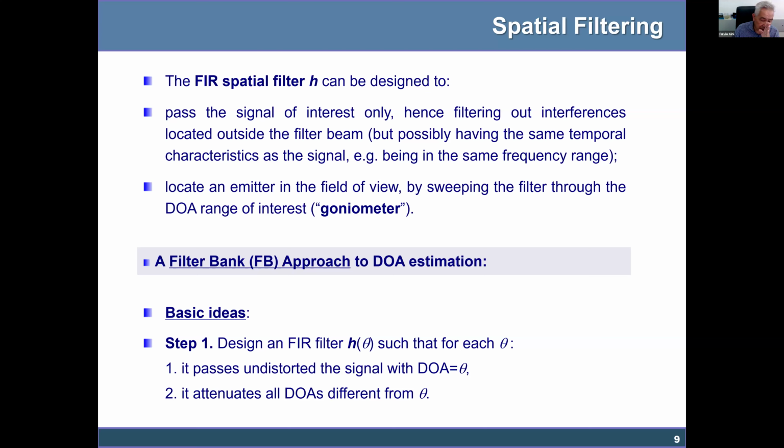So we want basically to steer the beam in direction theta. And then obviously we can change theta in sequence. So we start from a value of theta, and then we change, and then we change, and then we change. So we span the entire sector of interest in sequence.